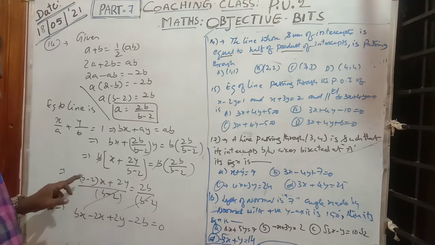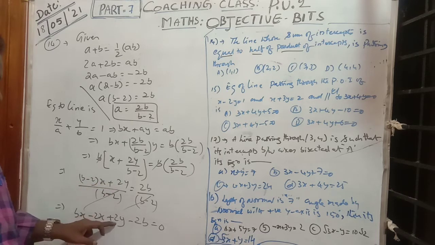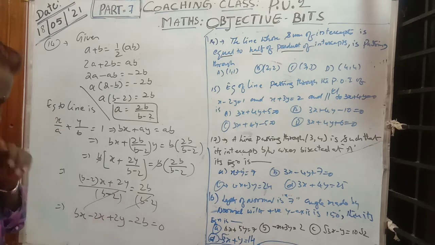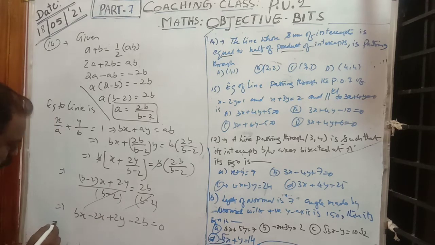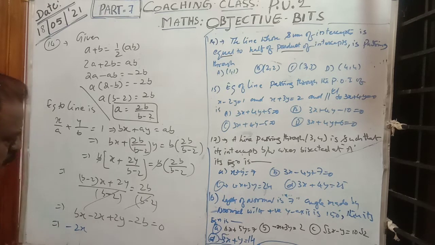Here Bx minus 2x plus 2y minus 2B is there.